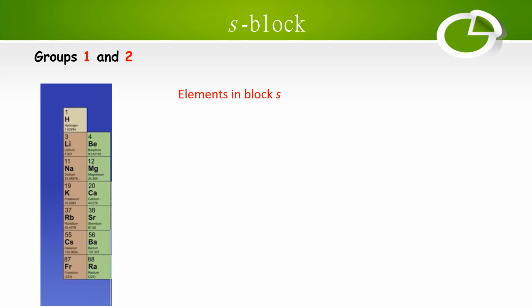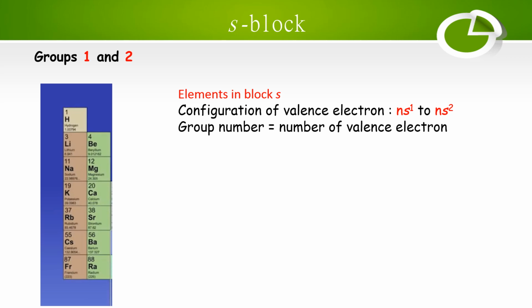Based on this electronic configuration, we can deduce the position of an element in the periodic table. For elements in the S block, the configuration of valence electrons is ns1 to ns2. That is the configuration of valence electrons.